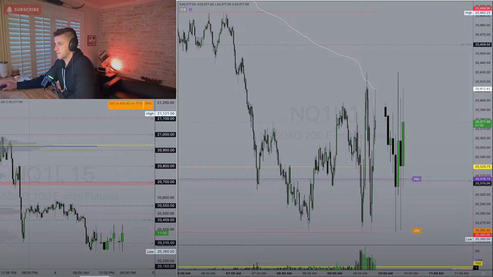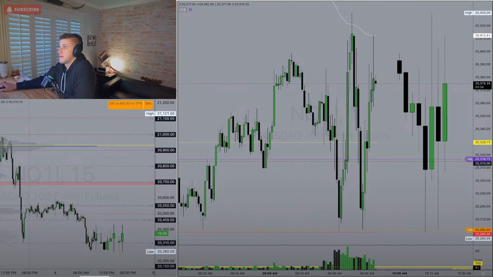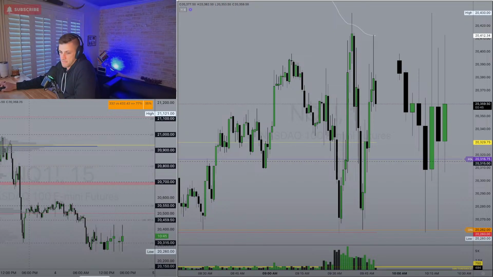And so far, we have 3 moves that are greater than 150 points here in the first 20 minutes of the morning. Volatility. It's a double-edged sword.